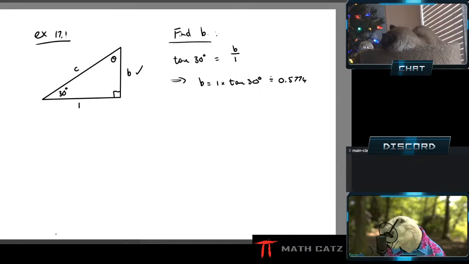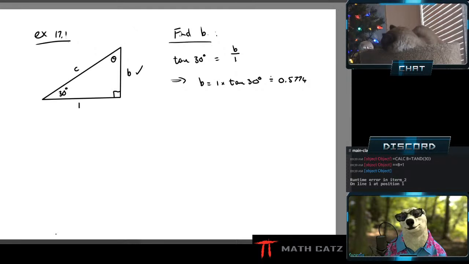Let me try. See if that worked. No, MathBot didn't like that. I'll have to figure out how that works. Maybe the capitals. It doesn't like the capitals. I'm going to try one more.